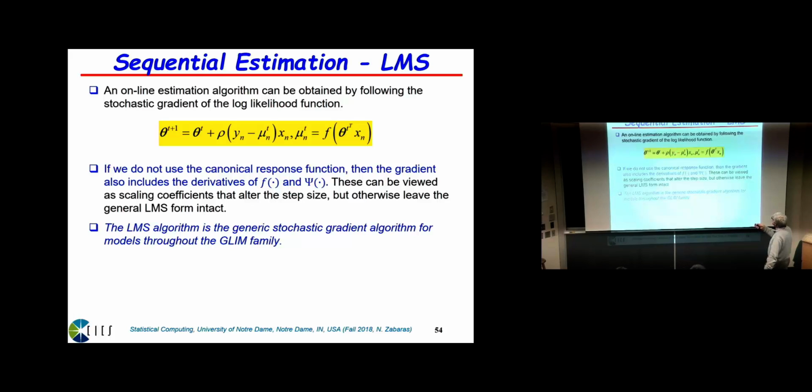You remember I told you the gradient always comes like this, and rho is what is called a learning coefficient. This algorithm is really a stochastic gradient descent algorithm, basically the same gradient descent algorithm that you use in training neural networks, in deep learning and everywhere else. It's really universal in machine learning.